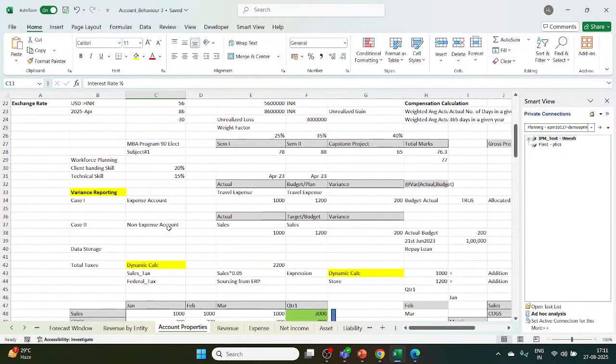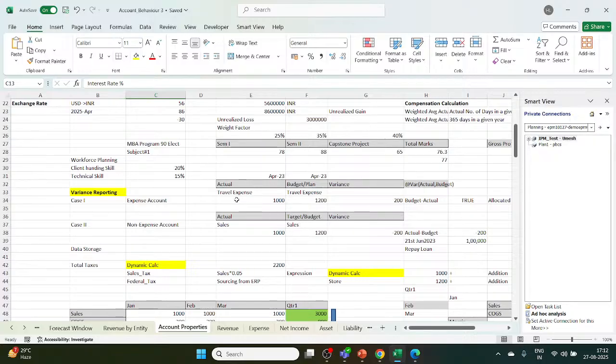And if we have chosen the non-expense account here, it could be our budget minus actual, like the budget for our sales budget. Generally, sales-type of nature, we choose the non-expense account.